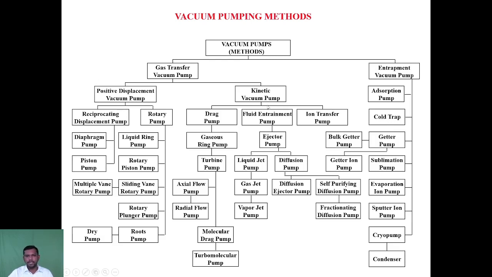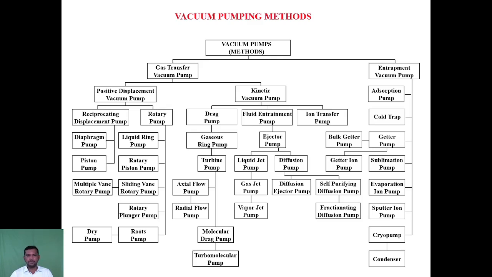In the case of kinetic vacuum pump, it is broadly classified into three categories, that is drag pump, fluid entrainment pump, and ion transfer pump. The drag pump is classified again into gaseous ring pump and turbine pump. Here the fluid entrainment pump is classified into ejector pump, which is further classified into liquid jet and diffusion pump. Diffusion is further classified into different types, that is diffusion ejector pump, self-purifying diffusion pump and fractionating diffusion pump.